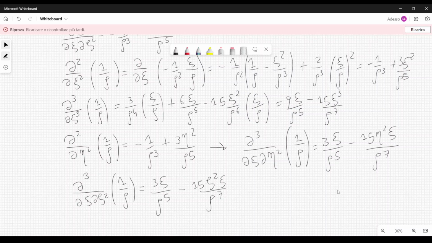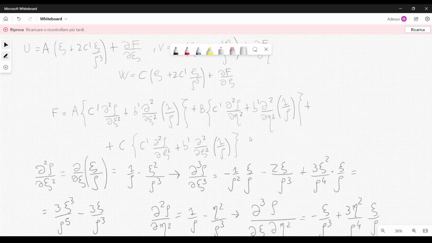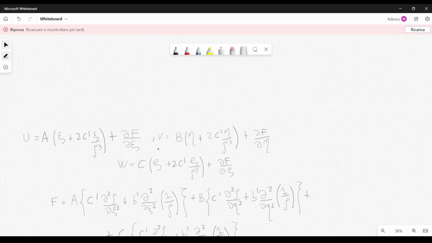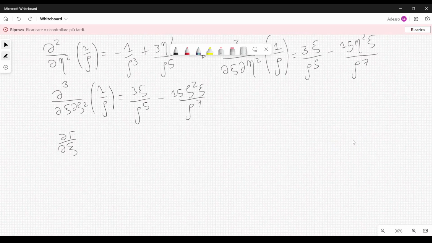Now we can calculate the derivative of f with respect to xi. So if we calculate this, we will be able to substitute here in the expression for u. And we also have to remember that the sum of the constants a plus b plus c is 0.